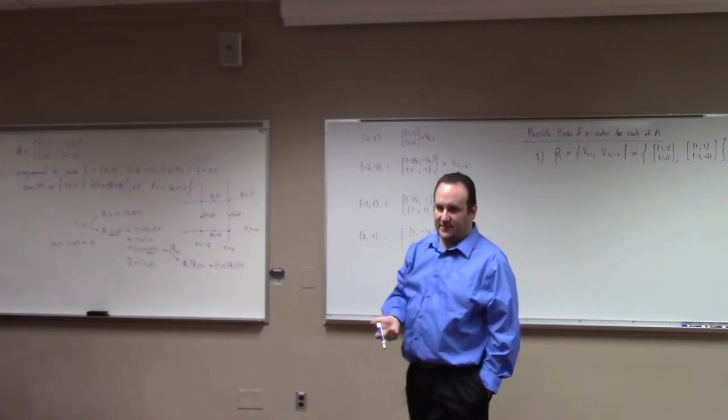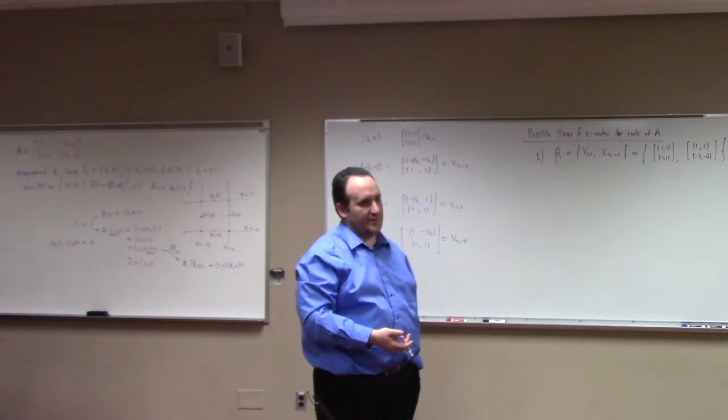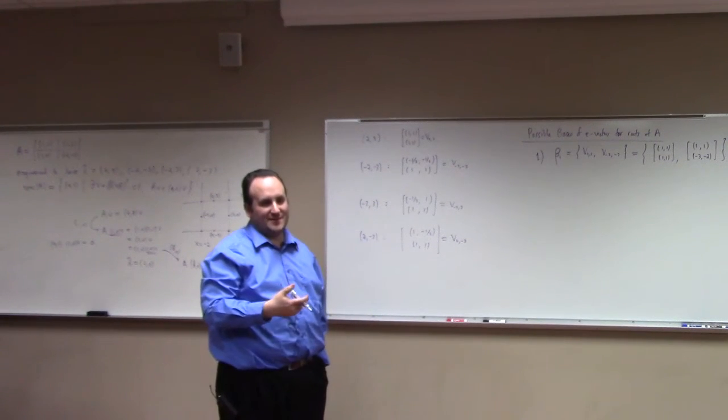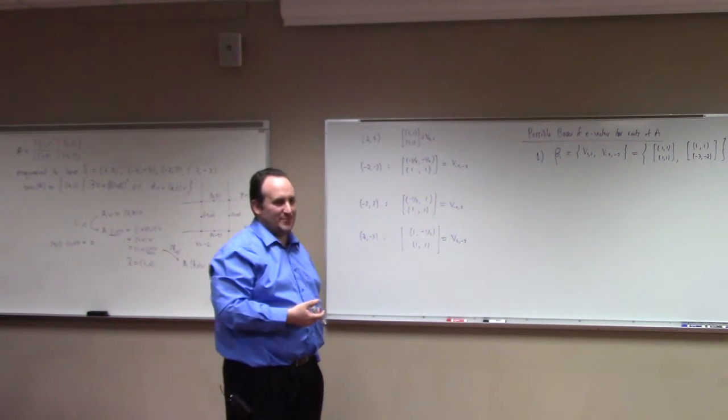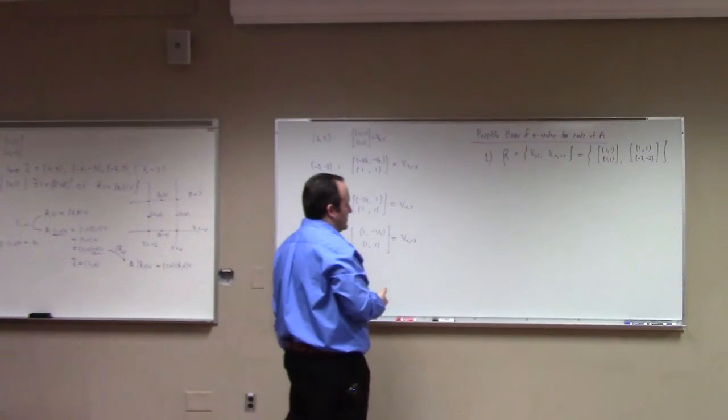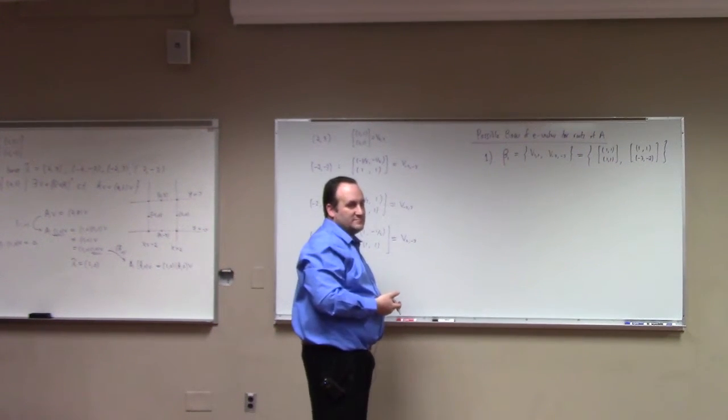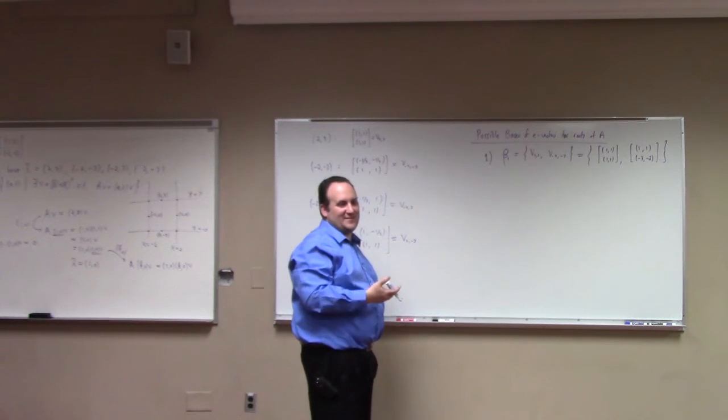How did you prove that that's a basis for two-tuples of the direct product, R cross R? It's obvious because they're not scalar multiples of each other.